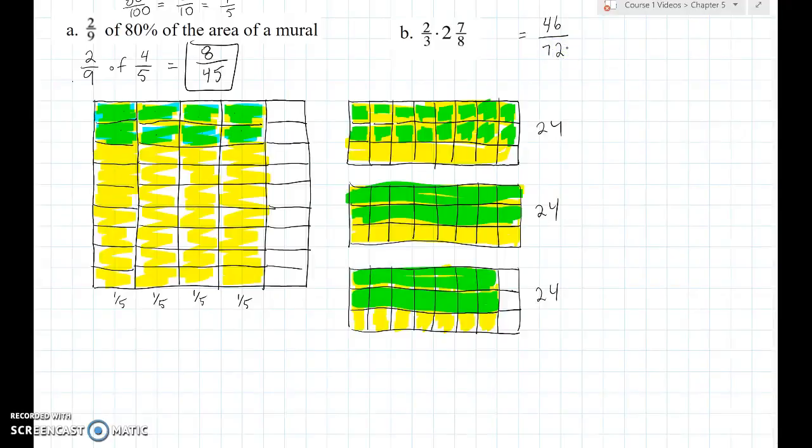That's not correct. Now, if you want to pause this video and do some thinking as to why that is not correct. Why isn't it 46 out of 72? All right, and the hint is, think about how many pieces in the whole. And is this right? Whoa.